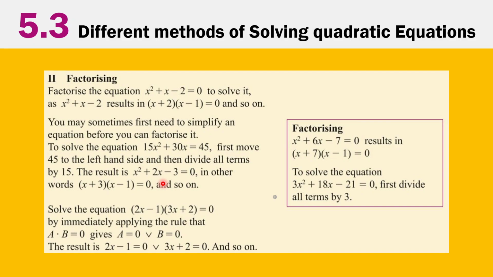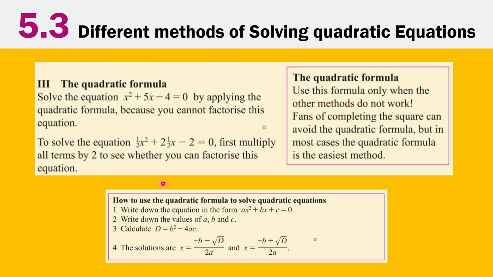So I'm going to move on to the last and actually the new way, and that's the one that we introduced to you in chapter 5.2, the actual quadratic formula. Use this formula only when the other methods do not work. Fans of completing the square can avoid the quadratic formula, but in most cases the quadratic formula is the easiest method. In chapter 3 we also took a look at how we can solve using completing the square.